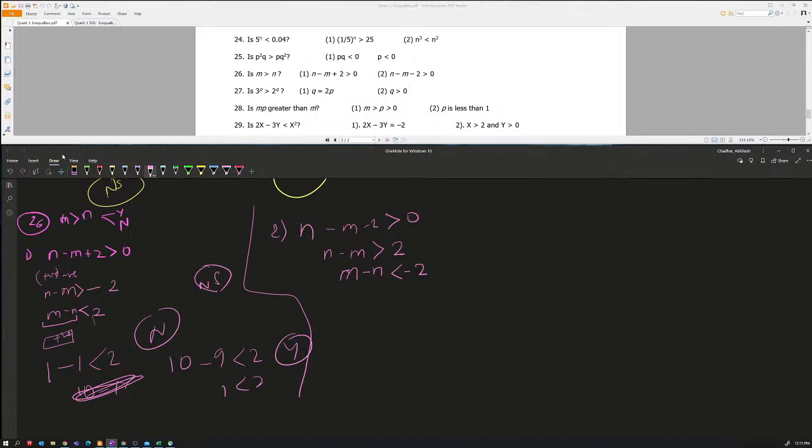So M again has to be less than minus 2 only, so it can become minus 3, minus of minus 5 less than minus 2. So in this case, minus 3 plus 5 then minus 2.